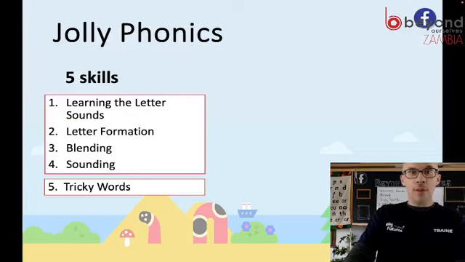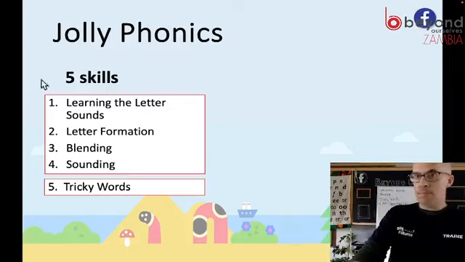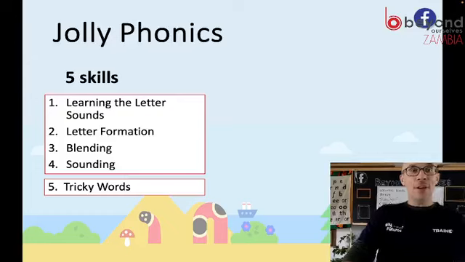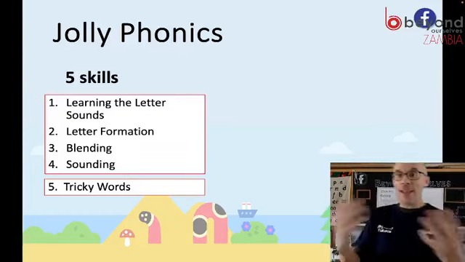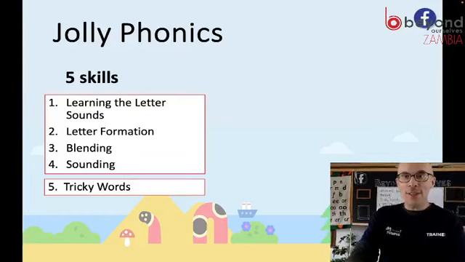So there we go. Sorry, it just likes to go asleep apparently. So here we are. These 5 skills are going to be taught through the 8 steps of a Jolly Phonics lesson.